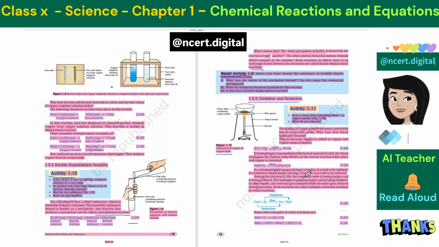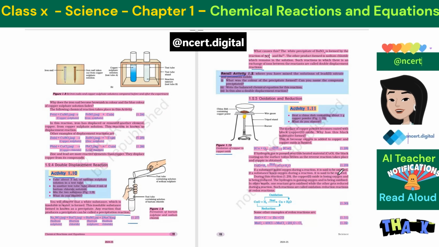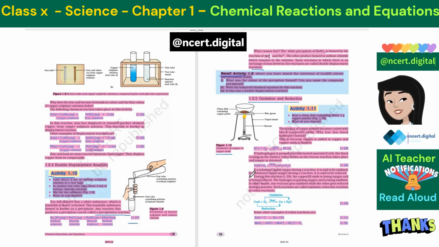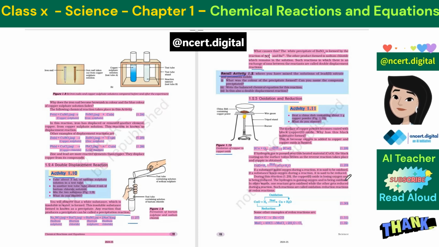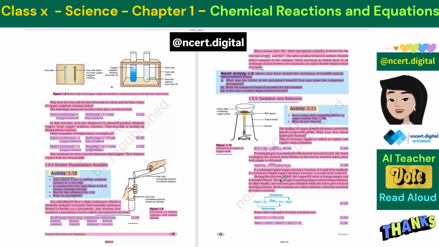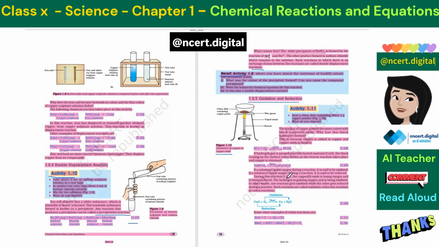If a substance loses oxygen during a reaction, it is said to be reduced. During this reaction, 1.29, the copper oxide is losing oxygen and is being reduced. The hydrogen is gaining oxygen and is being oxidized.